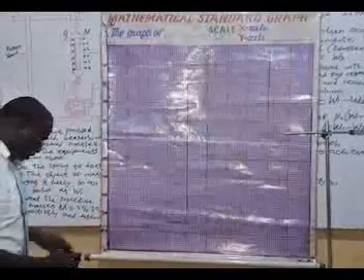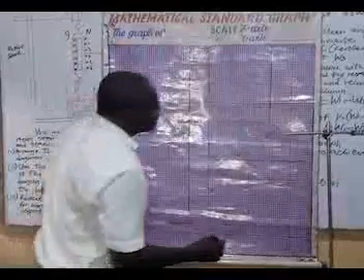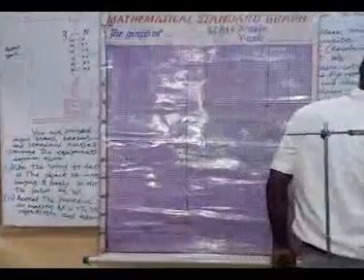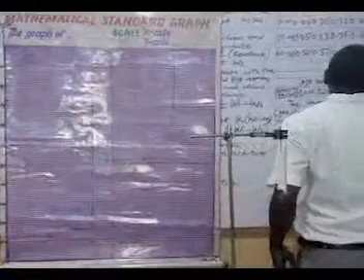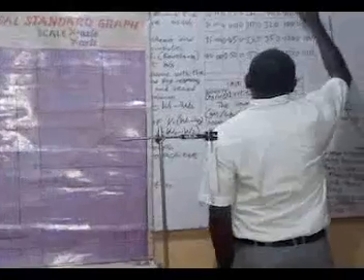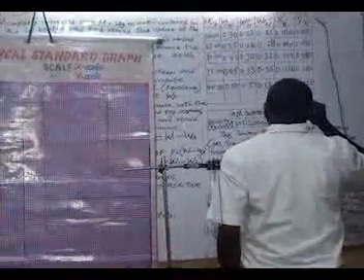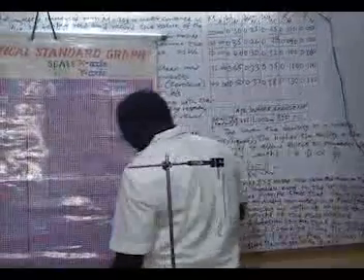The same thing on the horizontal axis. We have the lowest value to be 0.07 and the highest value is 0.13.